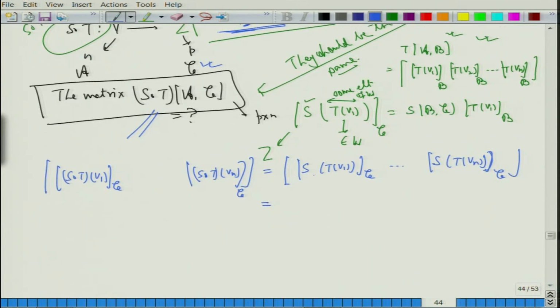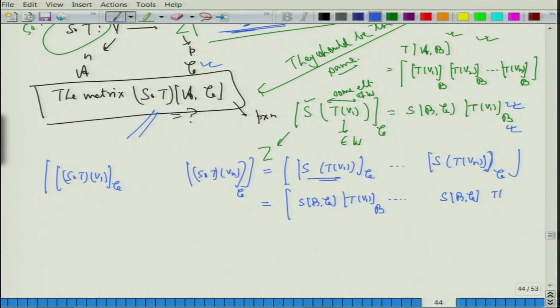This is equal to, now look at this definition here for you. I can replace this by S of BC times T of V1, but with respect to the basis B here, fine. So I have this, I will go on. Finally here also it will be S of BC, fine.